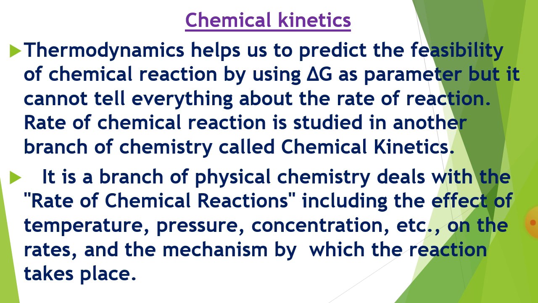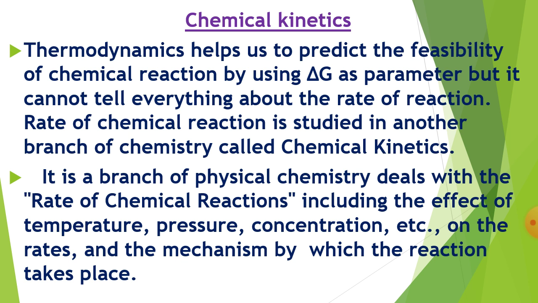Here also you have to know that this branch of science only helps you to know the feasibility of a reaction, that is, whether the reaction should take place or not in a given set of conditions. But this branch cannot tell everything about the rate of reaction, that is speed of reaction.